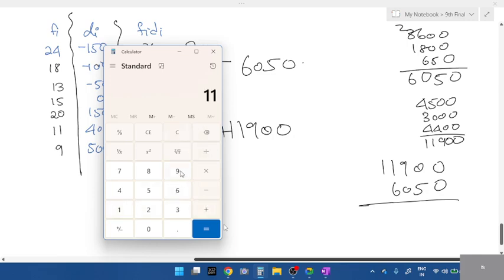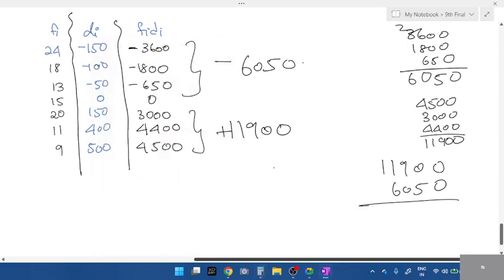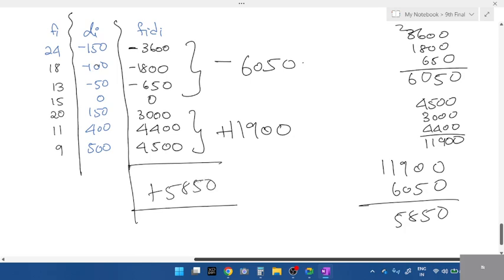Yes, 11,900 minus 50 is 5,850. And which is greater, 11 or 6? 11 is greater, right? So what do you get? Plus or minus? You get positive 5,850.